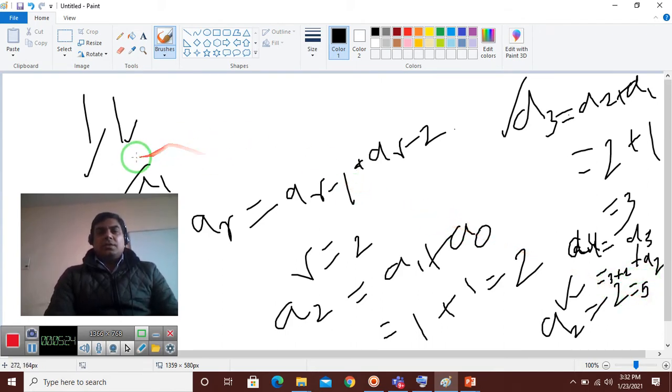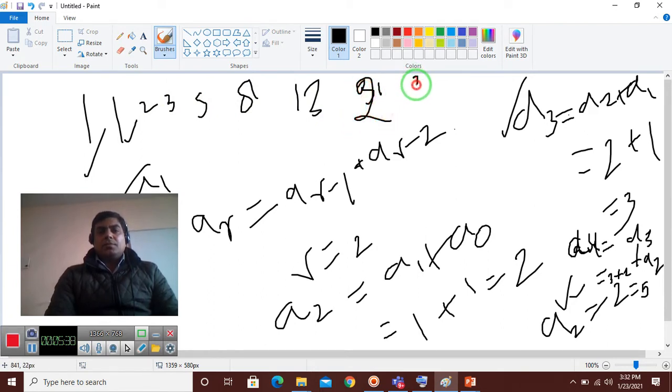This type of series has been generated: 2, 3, 5, 8, 13, 21, 34, and so on. So this is a Fibonacci sequence.